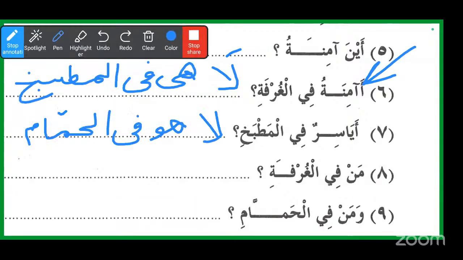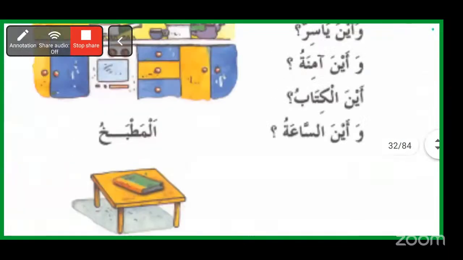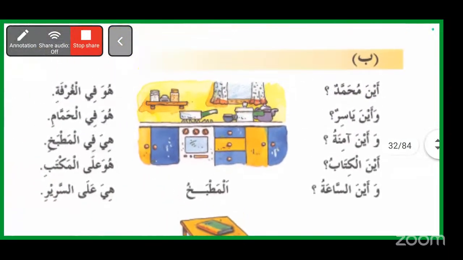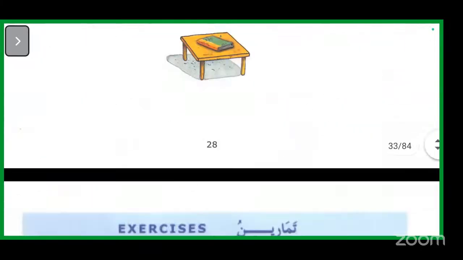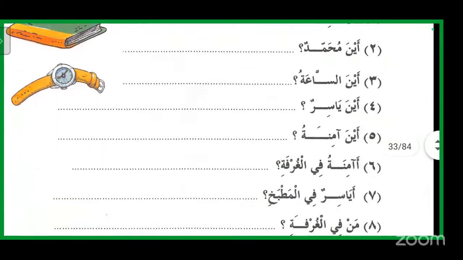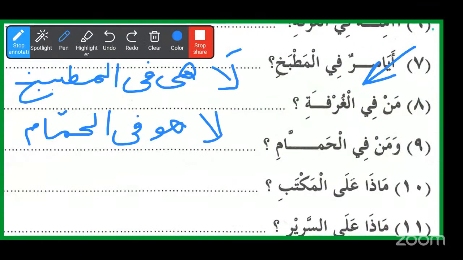من في الغرفة؟ Who is in the room? Muhammad was in the room. So how do you write it? من في الغرفة؟ محمد في الغرفة.